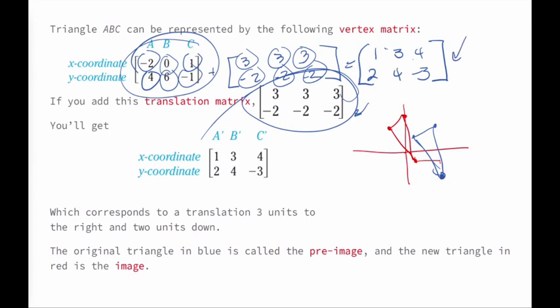The original triangle is the pre-image, and the new triangle is the image. Your translation matrix is going to be positive if you're going up or to the right, and it's going to be negative if you're going down or to the left, for x and y.